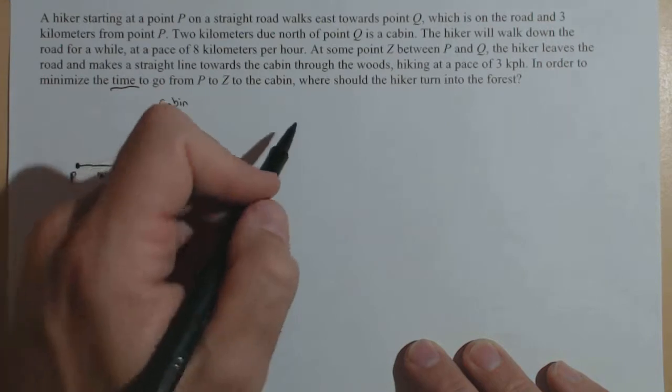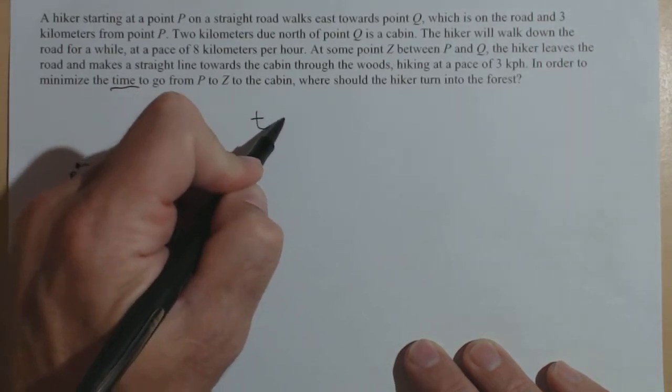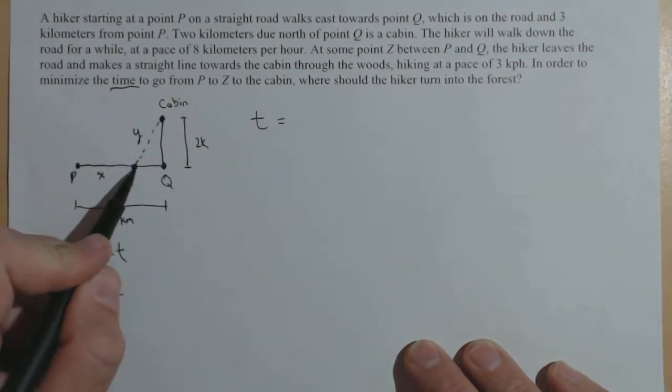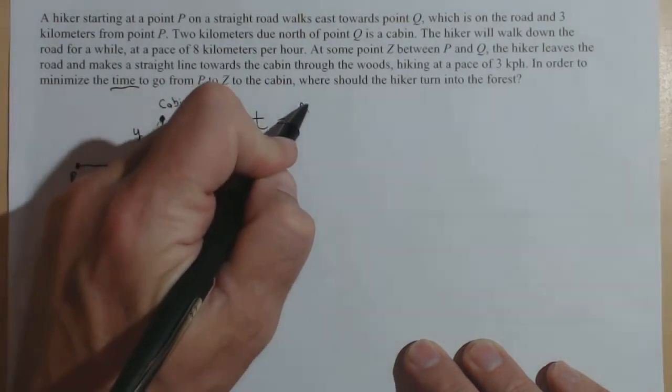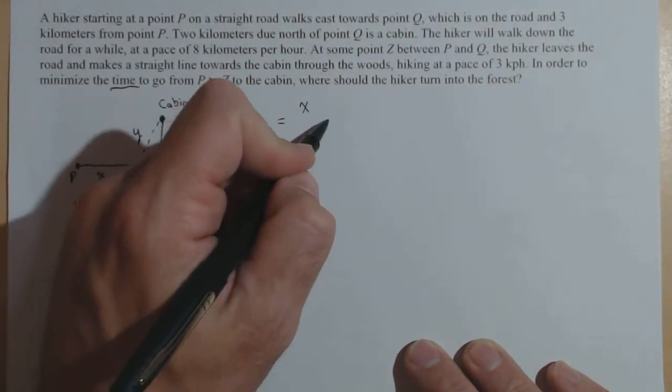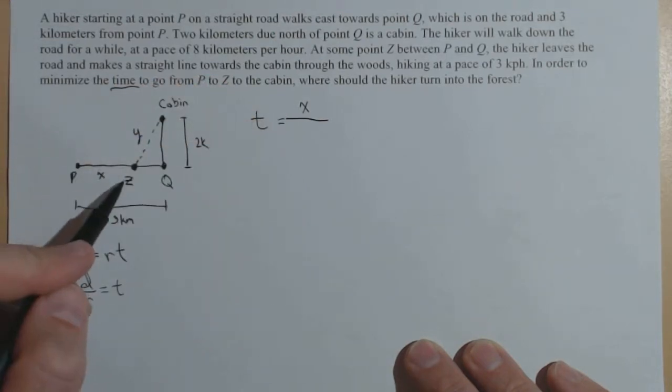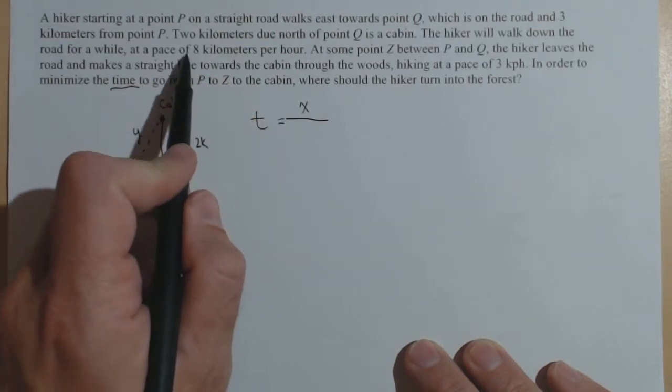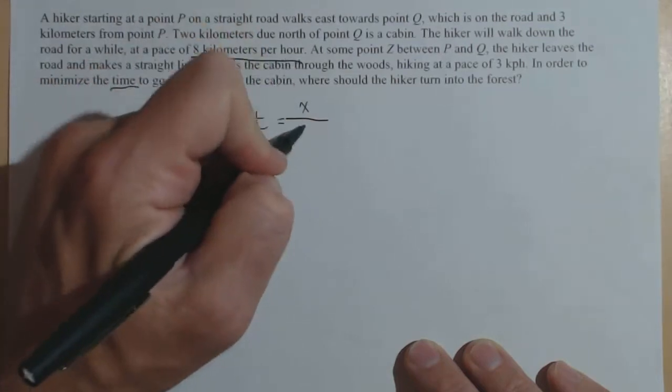So as we start to build our function, first off, my time from P to Z is going to be my distance from P to Z, which I've called X, it's an unknown, over my rate from P to Z, which we were told is 8 kilometers per hour.